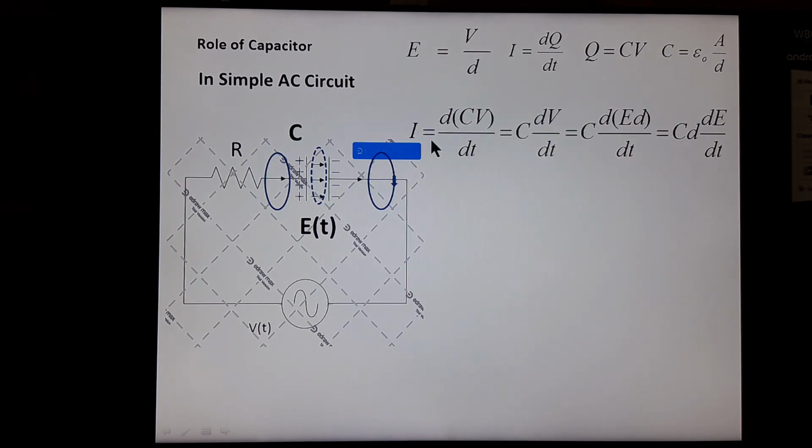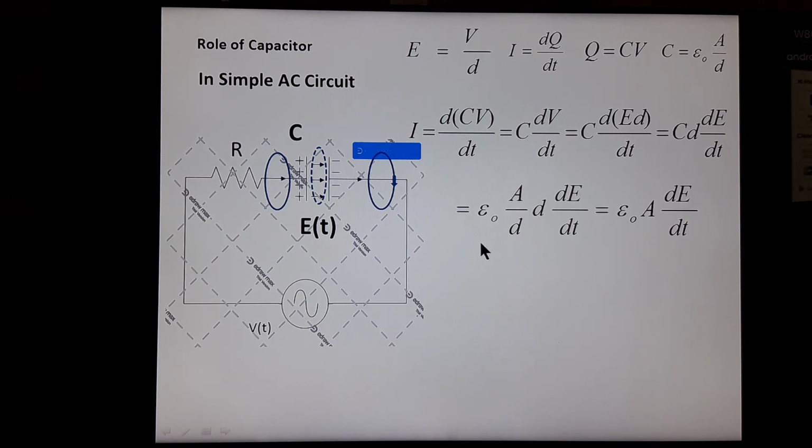Therefore, the current we get from dq by dt, where q equals CV, and considering C a constant, is C times dV by dt. Putting V equal to E times d, we get C d dE by dt, where we consider d a constant.